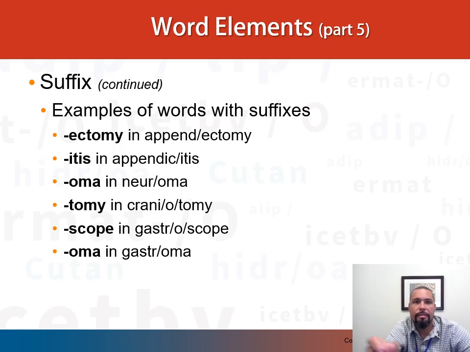So appendicitis would be an inflammation of the appendix, because appendic is referring to appendix. Make sense? So that suffix at the end of every word will kind of give you, like we discussed in the previous slide, the scope of what we're referring to, whether it is a condition, whether it is a test, whether it is just talking about a medical word for itself.